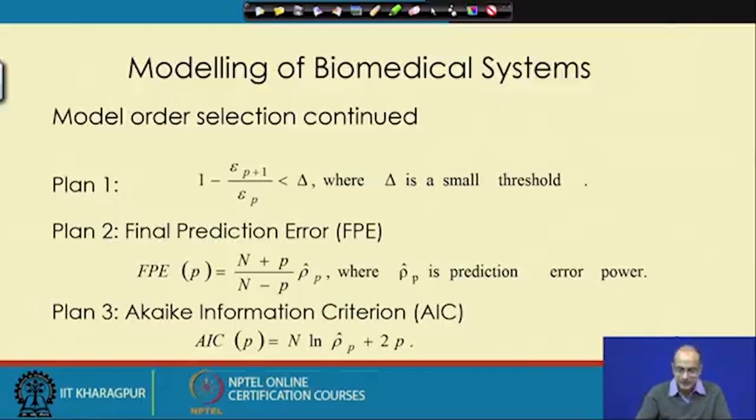Okay, so that is about model order selection. We can use any of these techniques, and the last one is theoretically more sound and more accurate, though a bit more complex.